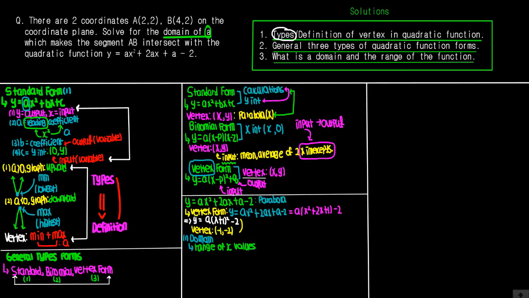Now let's think about what the range is. Our range is the range of y values. This is the definition of the domain and the range. In this case, the a, which we're going to solve for, would be the domain. But the domain doesn't apply in this question because there is the x value and there is the y value.